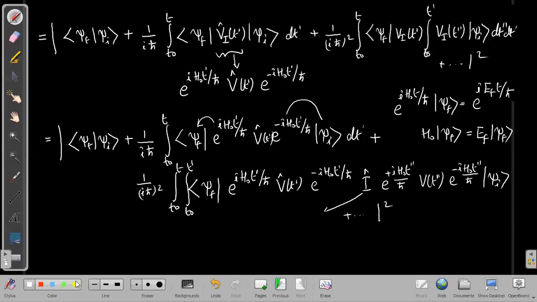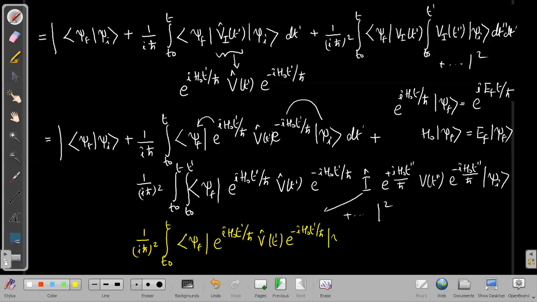So the third term can be written as 1 by iħ square integral t0 to t ⟨ψ_f| e^(iH0 t'/ħ) V(t') e^(−iH0 t'/ħ) |ψ_n⟩, then integral t0 to t' ⟨ψ_n|, and there should be a sum over n here. So |ψ_n⟩⟨ψ_n| is 1.